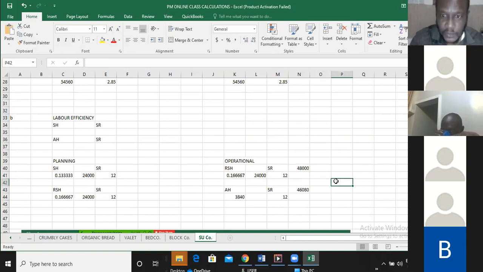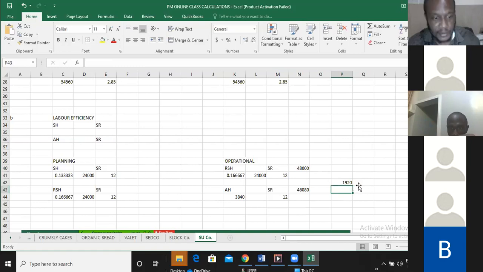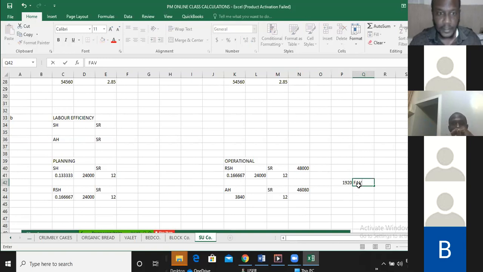So this variance now will be equal to this minus that. Where did we put it? Doesn't matter. And that's favorable. Yeah. All right. Okay, so let's just do the label. I know that we're through it.